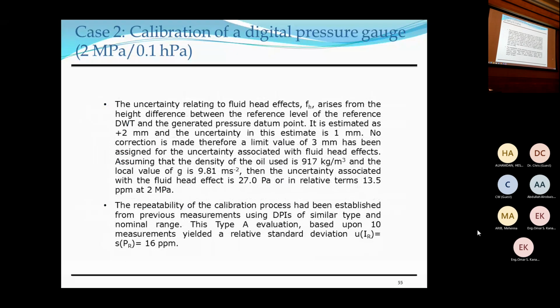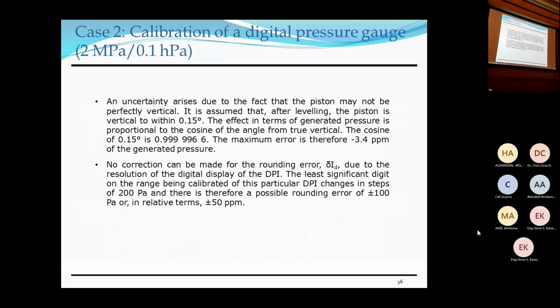The fluid head, type A repeatability uncertainty because the piston might not be totally vertical. It might have some angle to it.